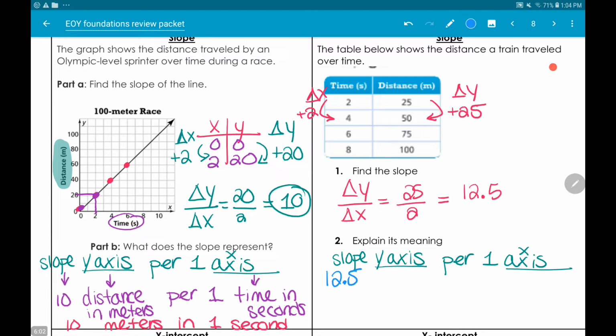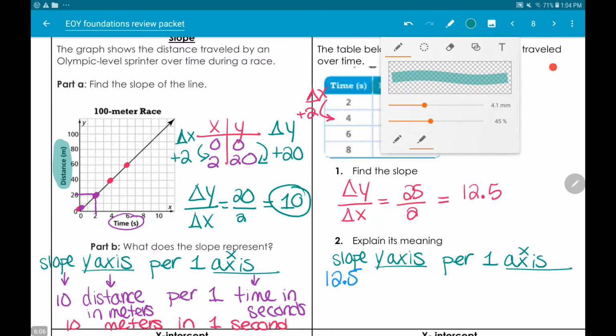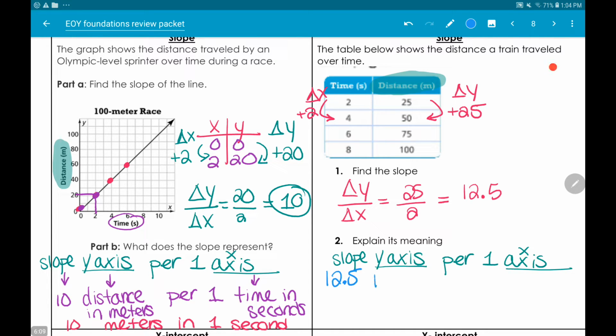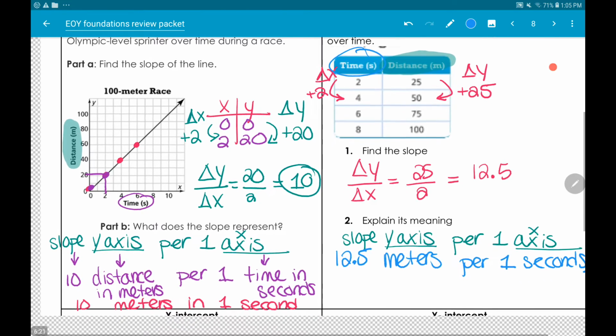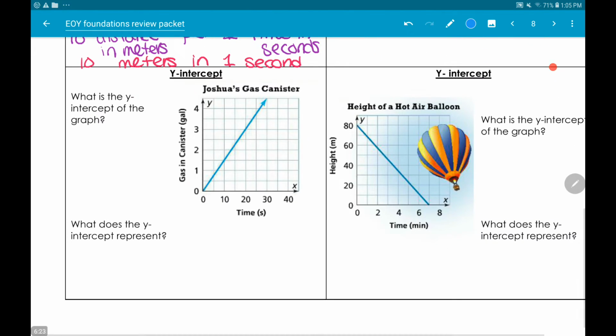What was the y-axis or the y values talking about? Distance in meters again. So 12.5 meters per 1. And then we look at our time, which is also in seconds again.